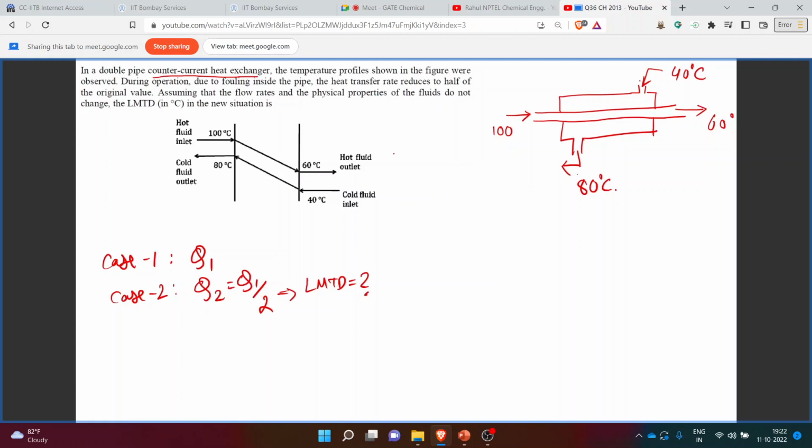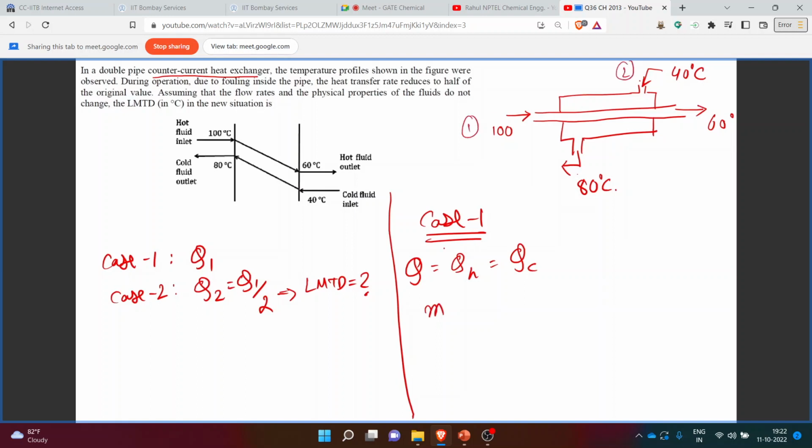Now let's consider case 1. The heat balance across this heat exchanger, we can write as total Q equal to Q of H equal to Q of C. Let's call the tube side fluid 1 and the shell side fluid 2. So Q of H will be M1 Cp1 times delta T, and delta T in this case will be 100 minus 60.